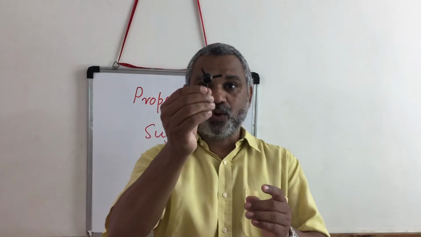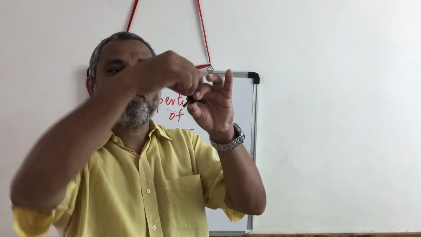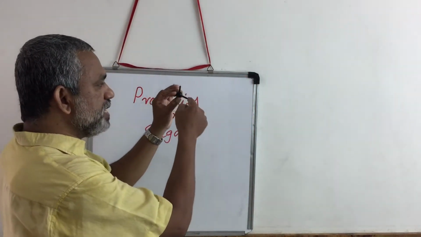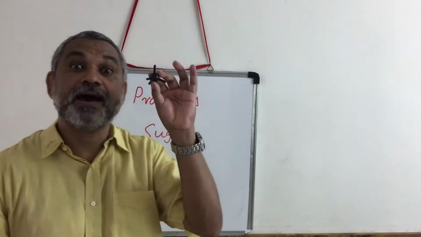If you consider this is a carbon atom, this is a molecular model, so the nucleus is at the center and the four valencies are jutting out, and the bond angle between these is 109 degrees. Van't Hoff came up with the proposal of a tetrahedral carbon atom, and for this discovery he was given the first Nobel Prize, in 1901, for elucidating the structure of carbon atoms.